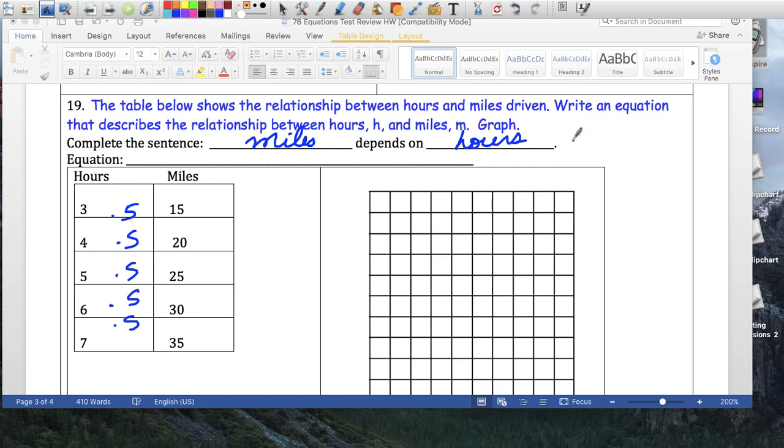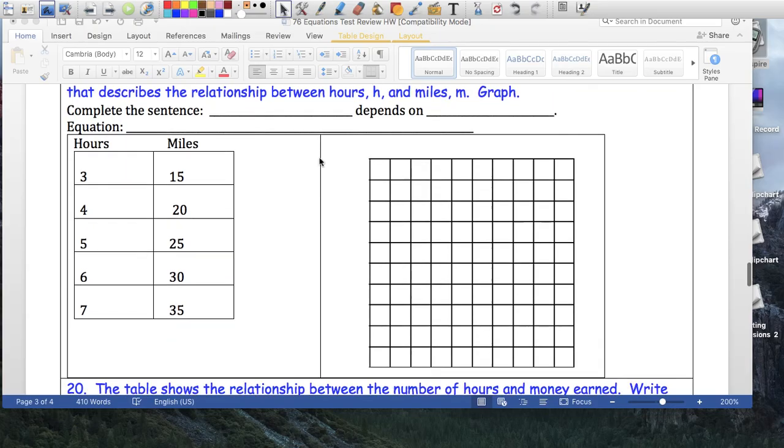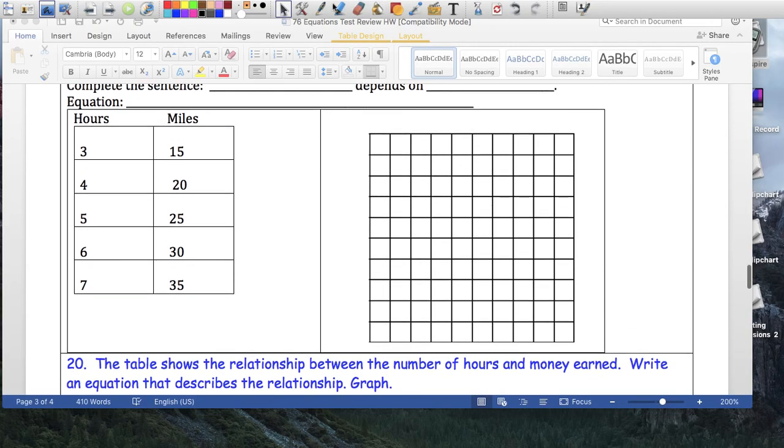So your equation, m for miles, the total miles that you drive, is going to be 5 times the hours. Here's your equation, 5h. Okay? Now, you already have the values here, so let me just write that m equals 5h.